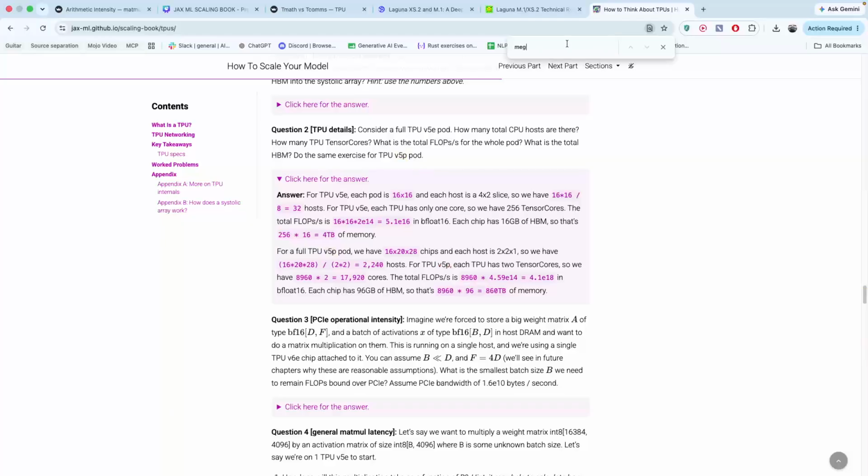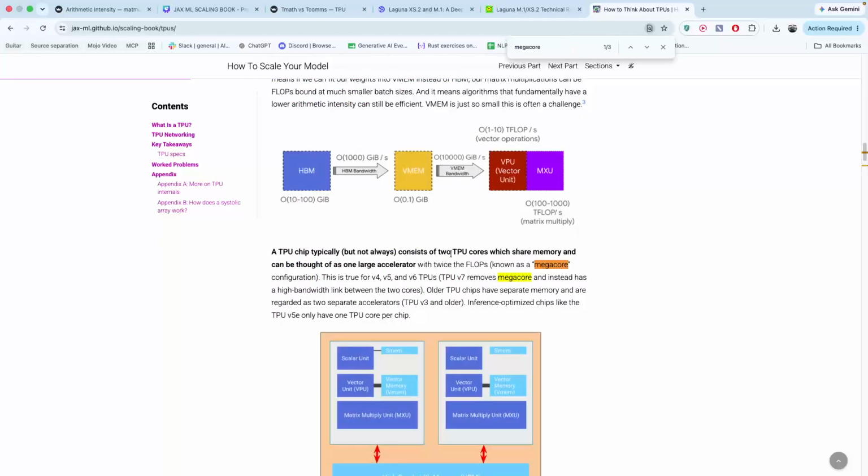It was written as megacore, yeah. So TPU V4, V5P and similar TPUs are known as megacore, which has shared memory and can be thought of as one large core with twice the flops.